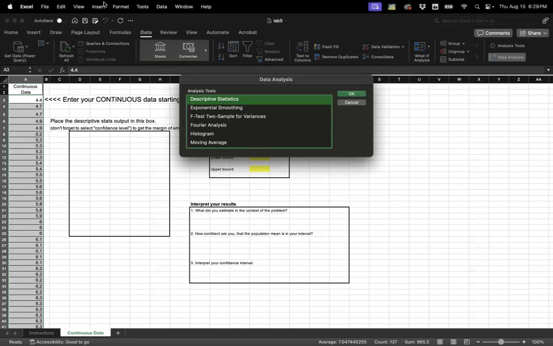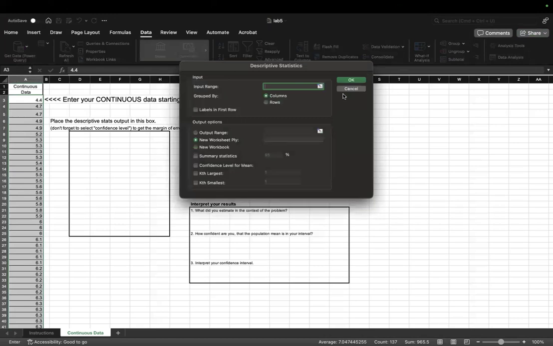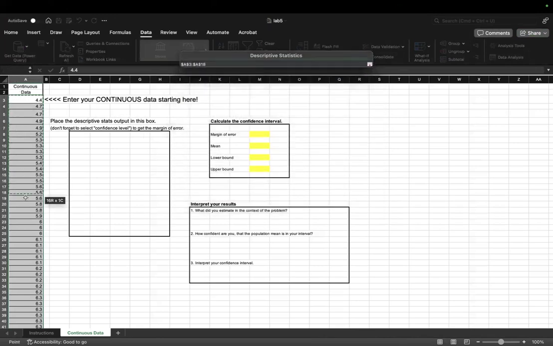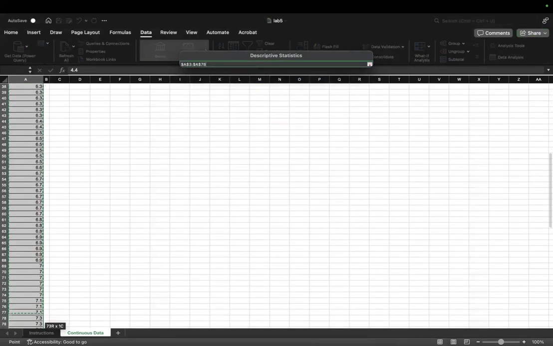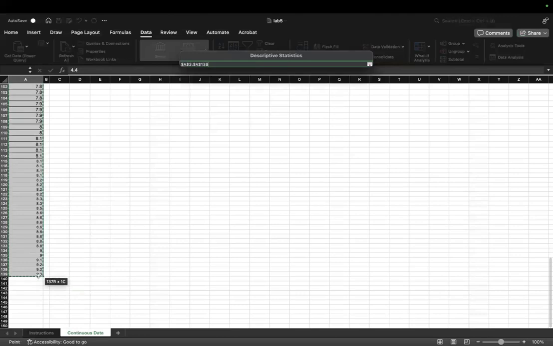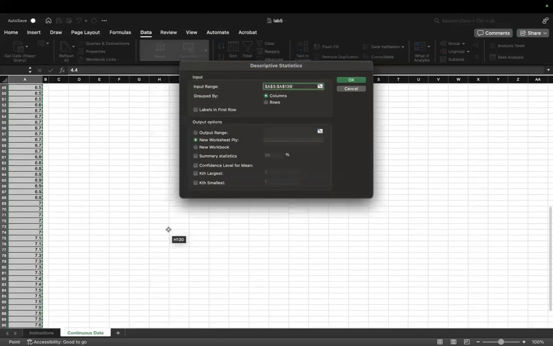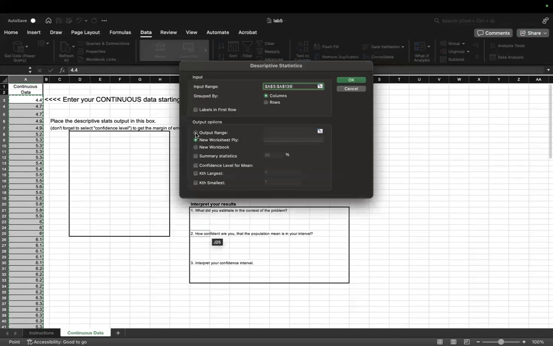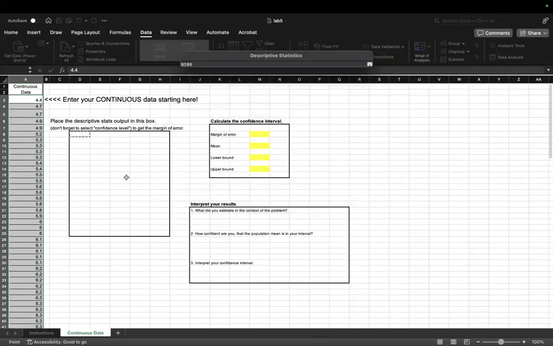You go to data, data analysis, descriptive statistics, and then click OK. The input range is all of my data. And I have a ton of it because I did like 100 something countries or something. Okay. Now my output range is going to be in this box right here.